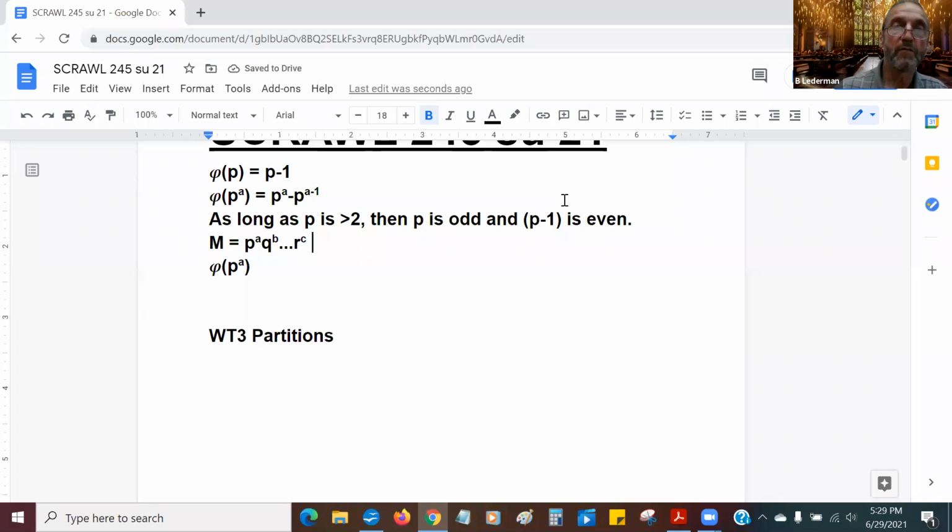So you know that phi of M, which should be a small m by the way, is equal to, let me just put the right letters in, p to the a minus p to the a minus 1, times the q term, times the r to the c term.